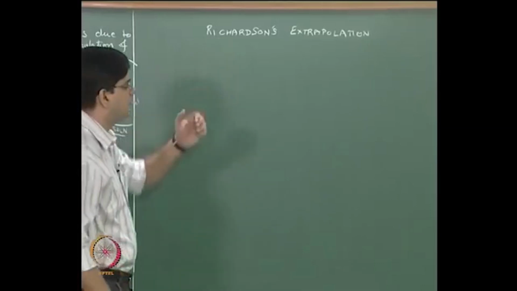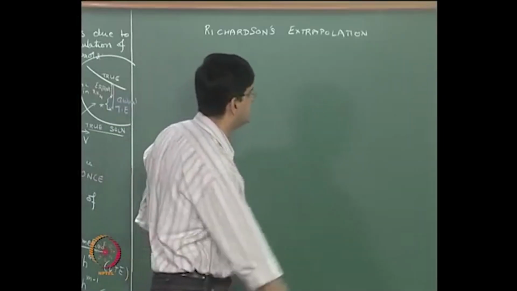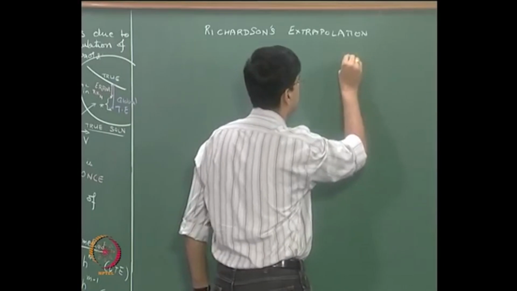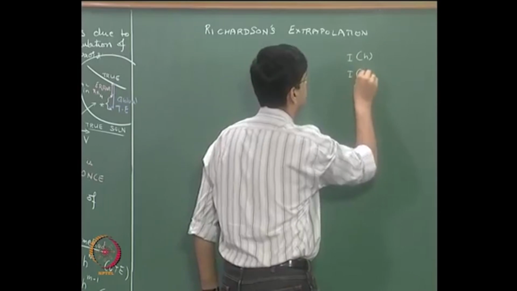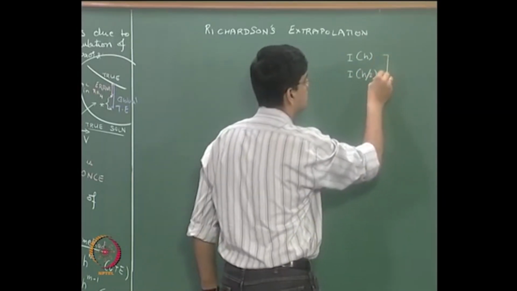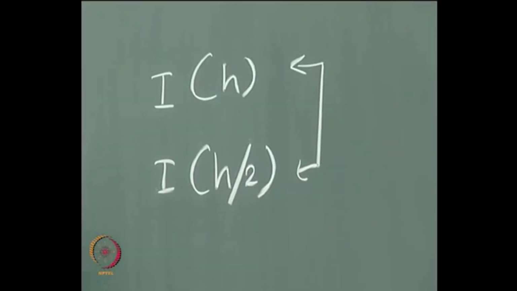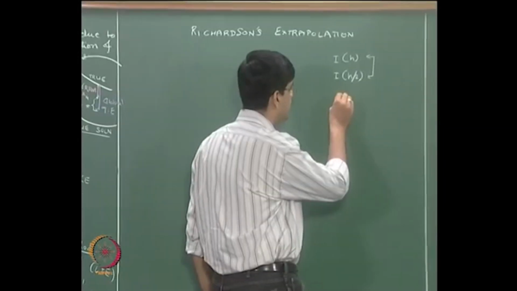You will recall what we had done in Richardson's extrapolation in module 6: we computed the integral for h, we recomputed the integral for h by 2, and used these two integrals in order to compute a better value, or a more accurate value, of the integral.